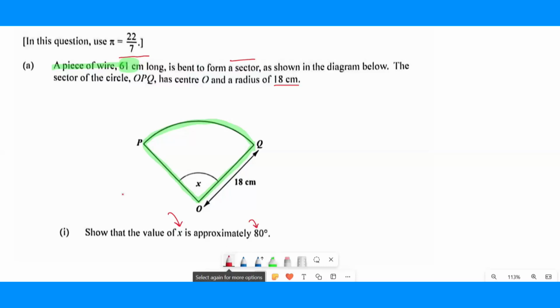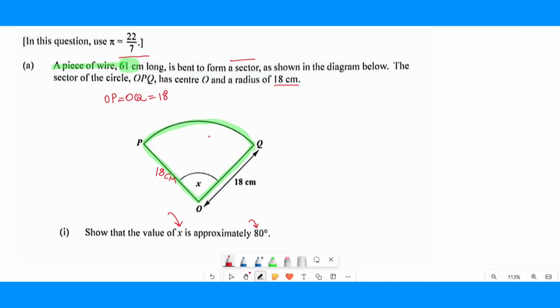And what that means for us is that we are now able to relate ideas. For example, OP is a radius, and this is equal to OQ, which is equal to 18, which means that we are able to put 18 here as the radius as well.